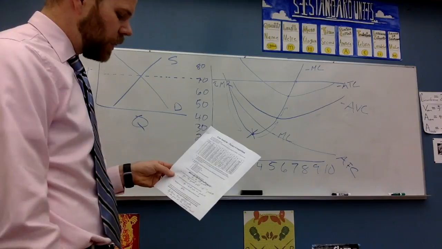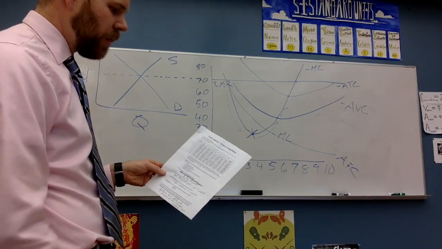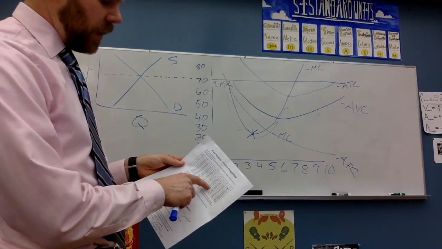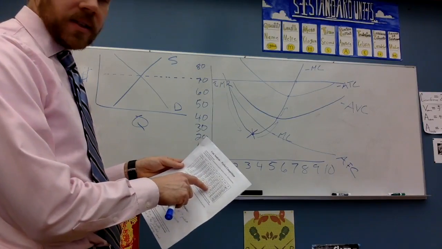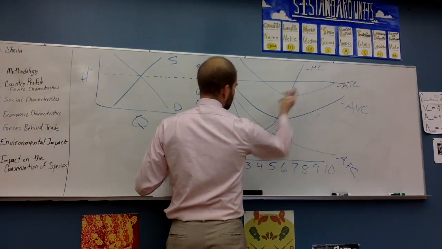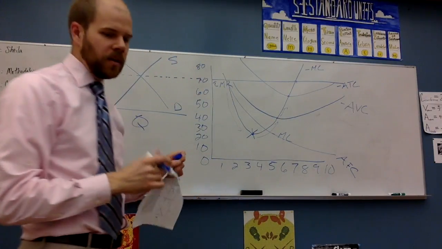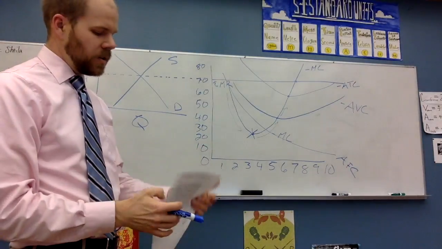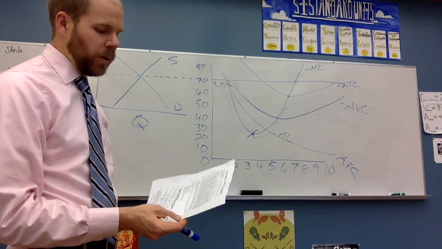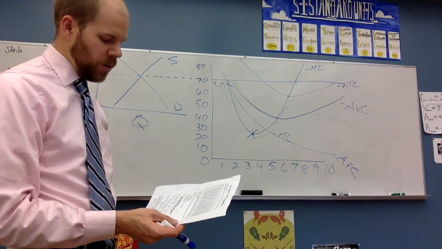And F, what's the lowest this company can charge and still earn a profit? Well, we should look at average total cost and see that at product 6, it actually gets down to $55 right here. $55 is the cheapest that we can make at an average cost. So if at that point we actually charge $56, we would make a very small amount of profit.